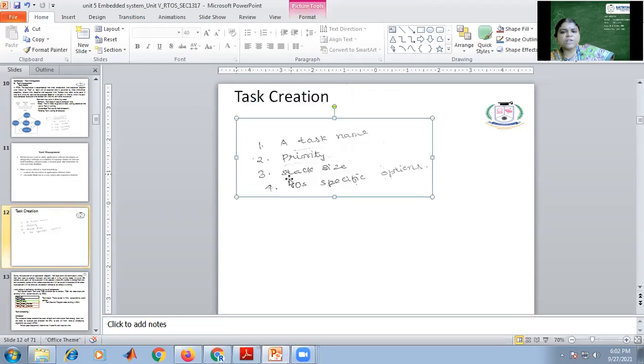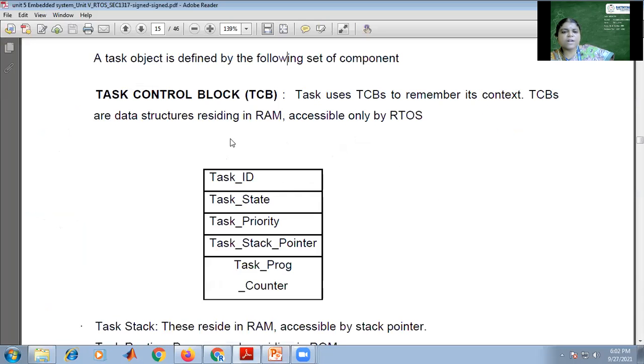Task creation is the first step in making a task. The content of the task will be stored in a content unit or memory unit called the task control block, or TCB. So the task uses this block to remember its content.